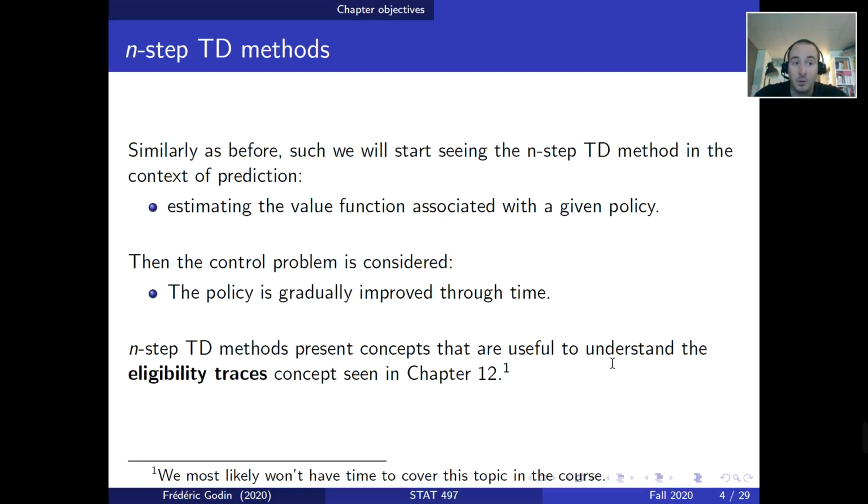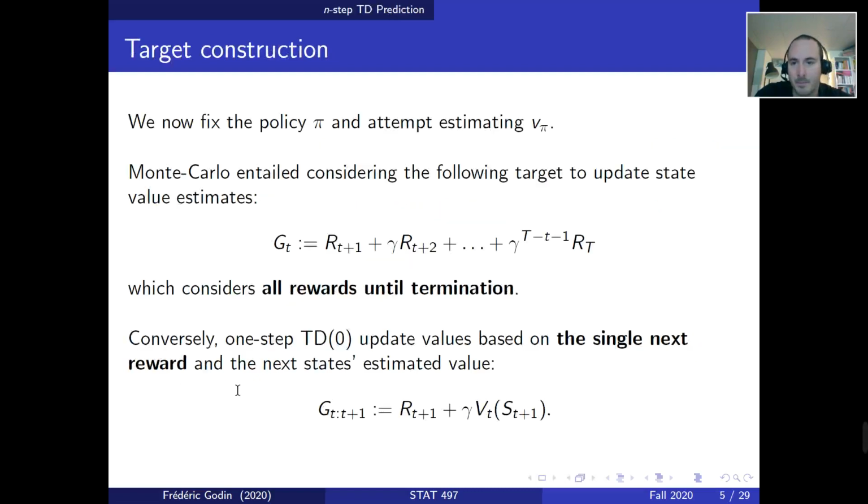But for those who are interested, I encourage you to have a look if you want to do research or use reinforcement learning in your future career. This topic is very useful to make reinforcement learning algorithms more powerful. If you're interested in these, then the n-step methods that we're going to introduce here are relevant as a foundational basis for these eligibility trace algorithms.